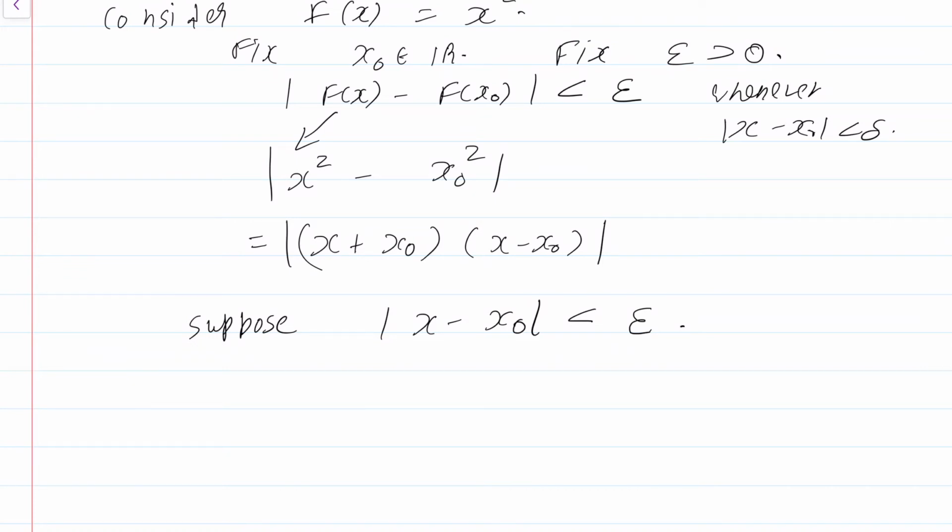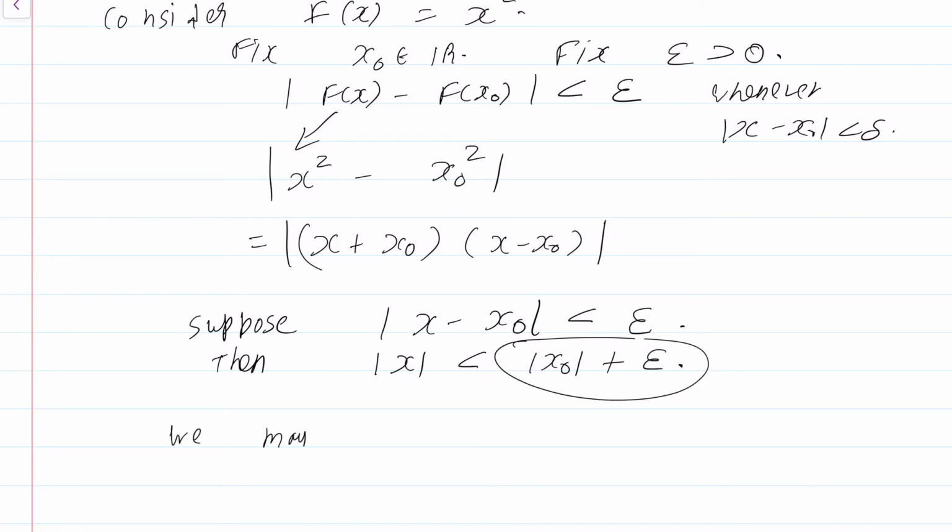Then mod x is less than mod x naught plus epsilon. Okay, if mod x minus x naught is less than epsilon, we get that mod x is less than mod x naught plus epsilon. Now I make a statement. We may assume epsilon is less than 1.